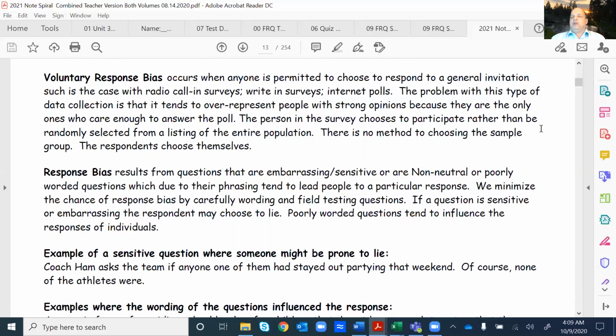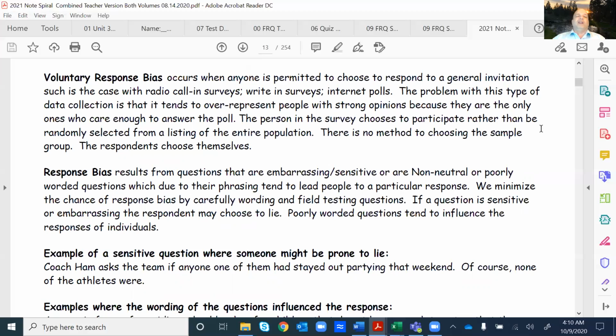The only people that participate in this type of poll are those who have strong opinions. When Mrs. Shelton asked us to vote for the football player, it's like, hey, we have a strong opinion in favor of our player. We love our football team, or we want to support Reagan. So those are the ones that are volunteering to respond.